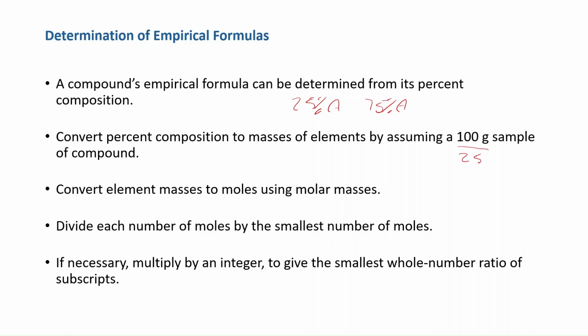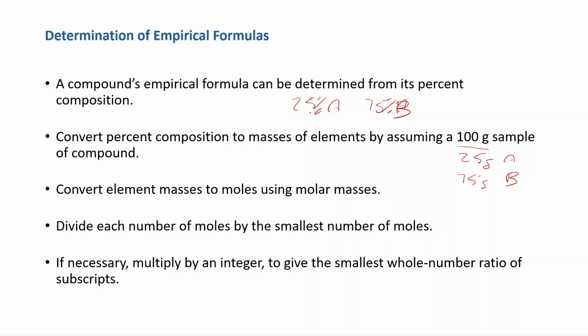Then that means you have 25 grams of A and 75 grams of B, sorry. You could assume the sample is any mass that you want to, because you're going to be looking at the ratio. It doesn't matter. I just say use 100 because that makes automatically, you know, the number of grams.